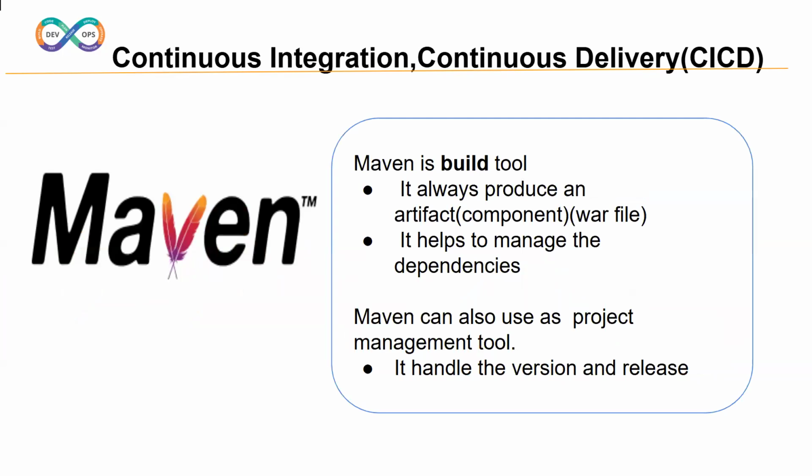Maven is a build tool. It always produces an artifact. It helps to manage dependencies. It is not only a build tool, we also call it a project management tool. It can handle versions and releases also.